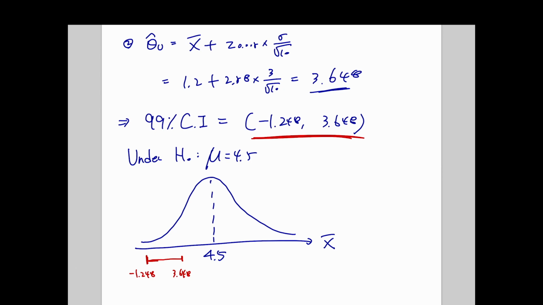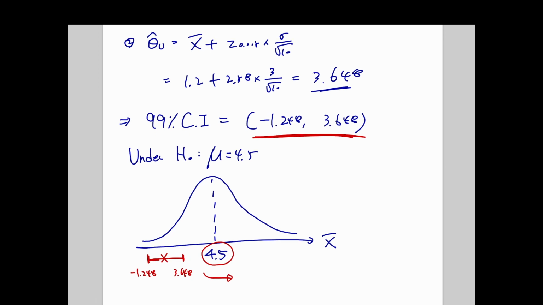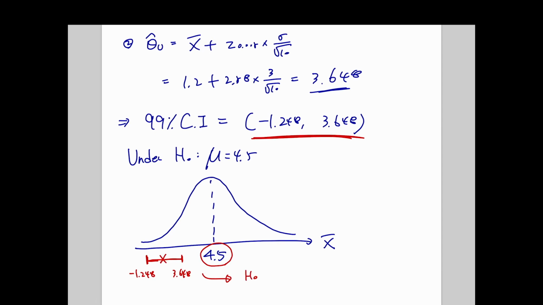That is, the interval does not contain the 4.5 kilogram. Okay, so we can find that the H0 is rejected. The result is equal to the hypothesis testing.